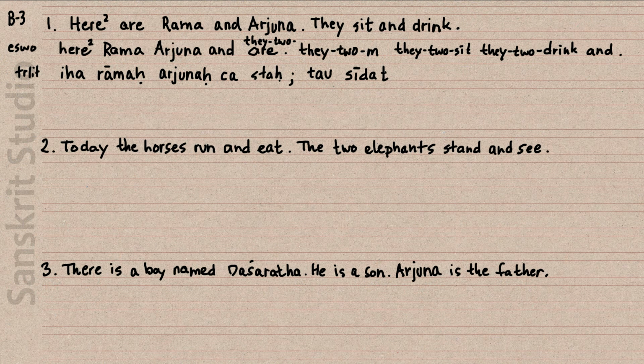But now we want a dual form, sidataha, and we have pibati for singular, but pibataha for the dual, and then the cha at the very end there, like that. And so we do the Devanagari here.